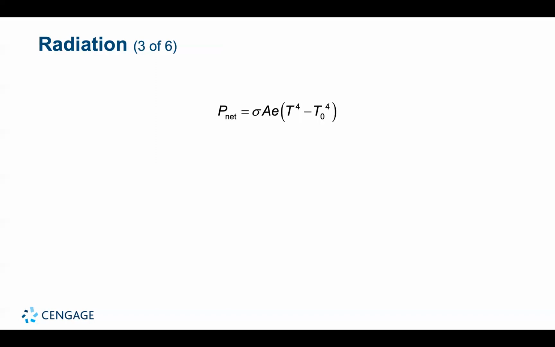For an object at temperature T and its surrounding area at temperature T0, the net energy gain or loss each second by the object as a result of radiation is given in this equation that we're showing. When an object is at equilibrium with its surroundings, it radiates and absorbs energy at the same rate, so its temperature remains constant. When an object is hotter than its surroundings, it radiates more energy than it absorbs and therefore cools.